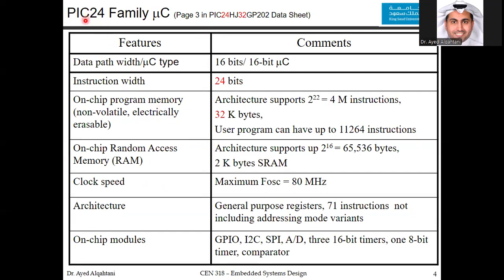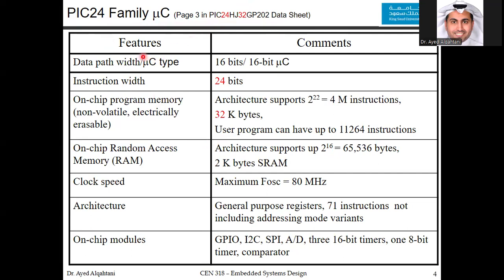So we chose this family of PIC24, which is PIC24 Ch3 GP202. Also the other variant where you have 128 instead of the 32. If you go to the data sheet on page 3, you will see many of the essential features of this PIC24.